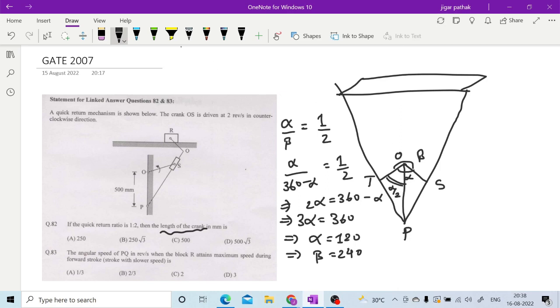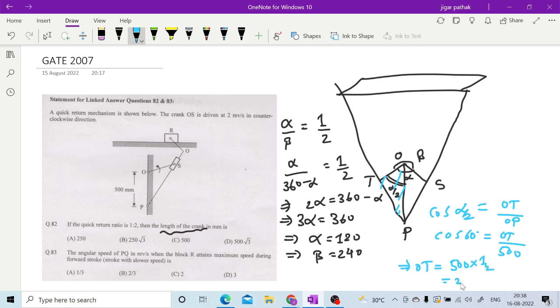So if you take this particular triangle OTP, right, in that, cos alpha by 2 is equal to OT upon OP, right? Now cos alpha by 2 means cos 60 is equal to OT upon OP. OP you know, right? OP is given as 500, and OT is nothing but your crank length. So OT is equal to 500 cos 60. Cos 60 is nothing but 1 by 2.